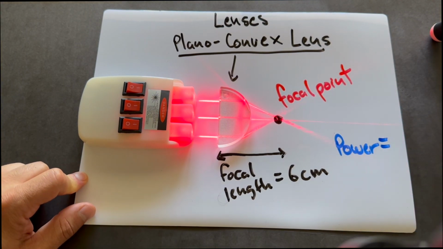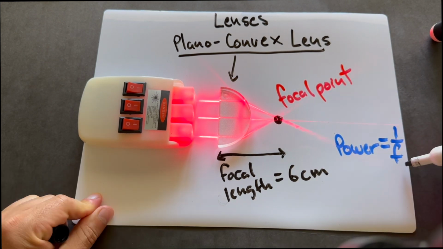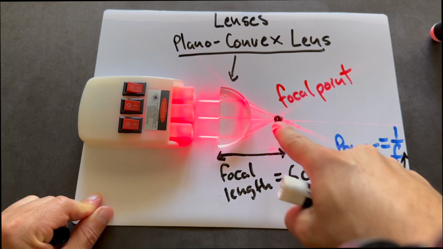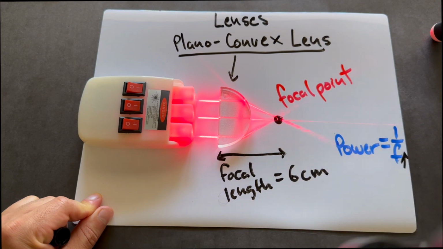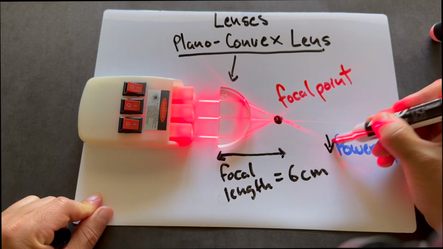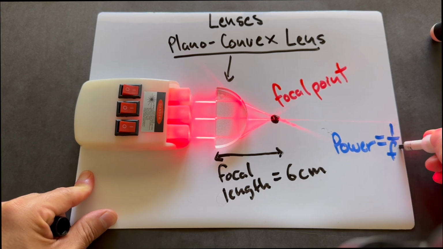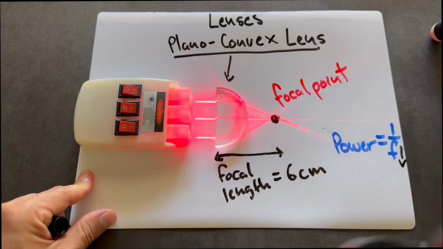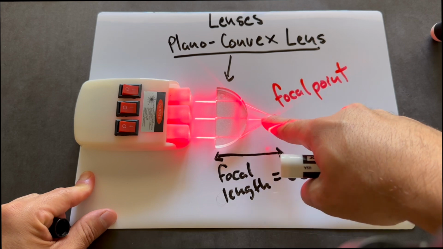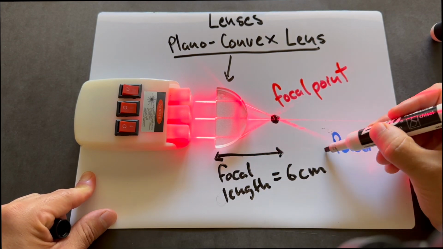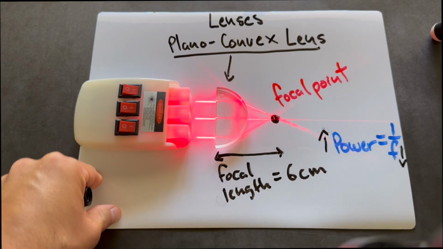And power is just the reciprocal of the focal length, so it's just 1 over f. The further away this focal length is from the lens, the further away this point is, the lower the power we have. And conversely, if the focal length is smaller, if this point is closer to our lens, that means we have a more powerful lens.